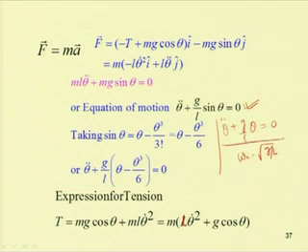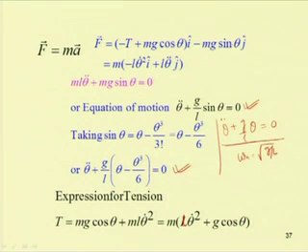This way one can find the governing equation of the system by applying Newton's second law. While applying Newton's second law, one can write the equation of motion in this vector form. First one can write the acceleration, and then the force term, and by equating force equal to mass into acceleration, one can find the equation of motion.